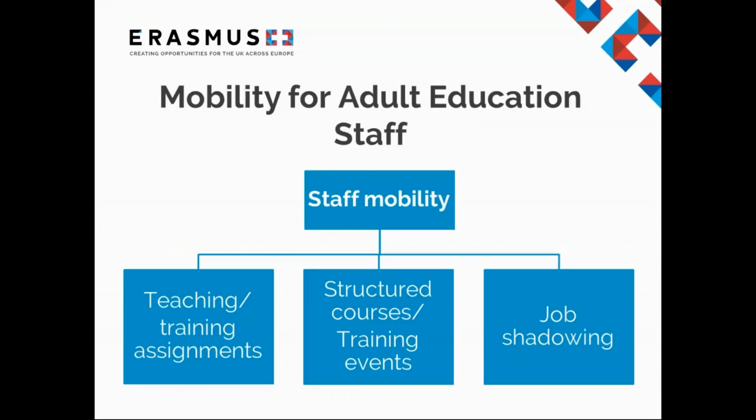Organizations active in non-vocational adult education can apply for funding to support any of the following mobility activities within a project. Teaching training assignments, where staff deliver teaching or training in a partner organization abroad; structured courses or training events abroad, where staff participate in structured courses or training events to support the professional development of adult education staff; and job shadowing, where staff undertake a job shadowing experience in an adult education organization abroad.